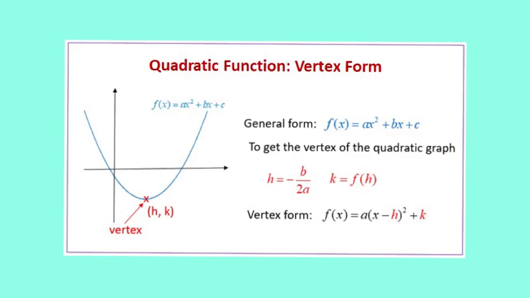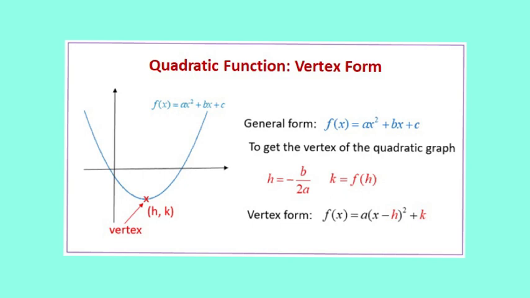The second way a quadratic can be written is the vertex form. The vertex form is f of x equals a brackets x minus h all squared plus k. From this form, we know that h is equal to minus b over 2a and k equals f of h.